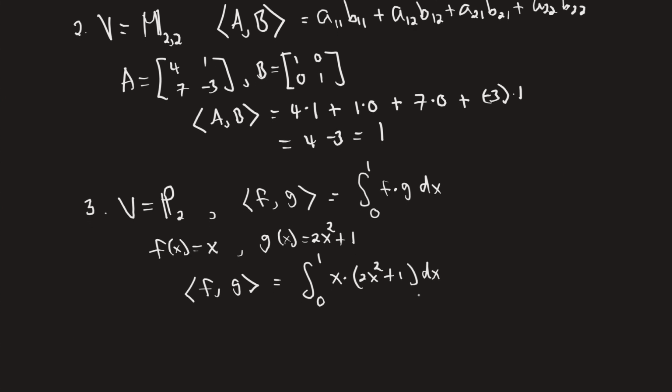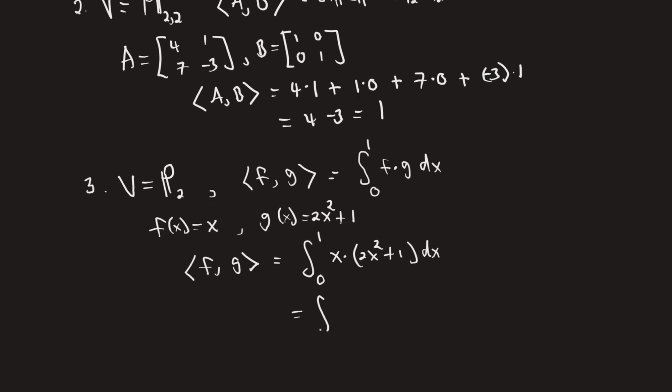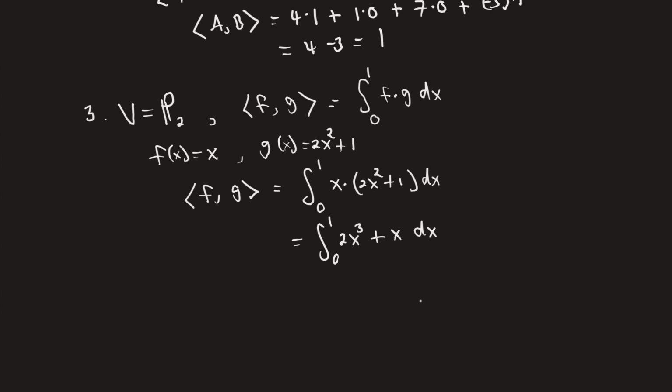Obviously, if we remember our process of integrating, we can't take the antiderivative of the product directly, so we have to distribute. So we'll have 2x cubed and then plus x. Then we find our antiderivative, which is going to be 2 over 4, x to the fourth. So that's going to be 1 half x to the fourth, and then plus 1 half x squared. And then we use our wonderful FTC.